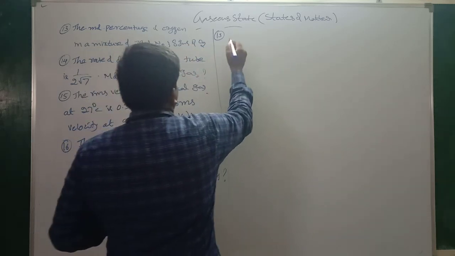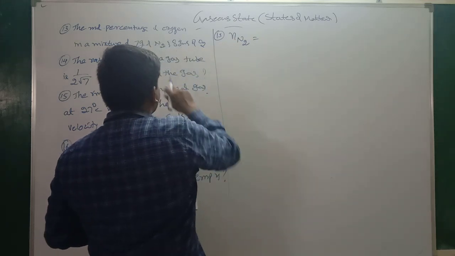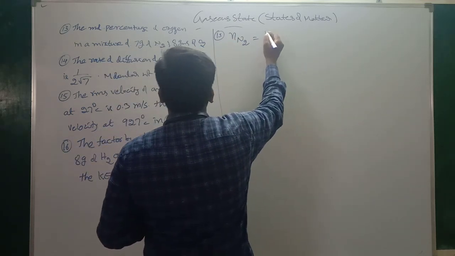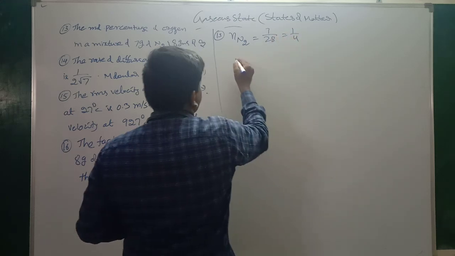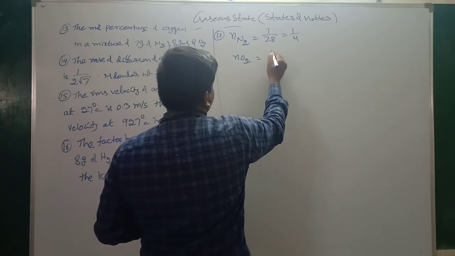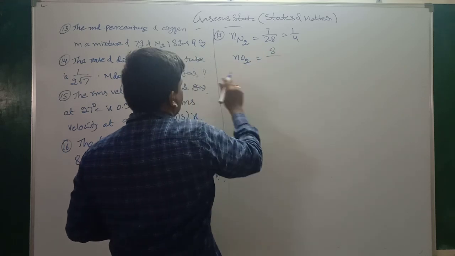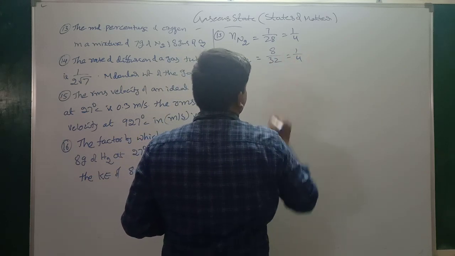Here, the number of moles of nitrogen is equal to the weight of nitrogen by gram molecular weight, that is 7 by 28, which is 1 by 4. And the number of moles of oxygen is weight by molecular weight of oxygen: 8 grams by molecular weight 32, which is 1 by 4.